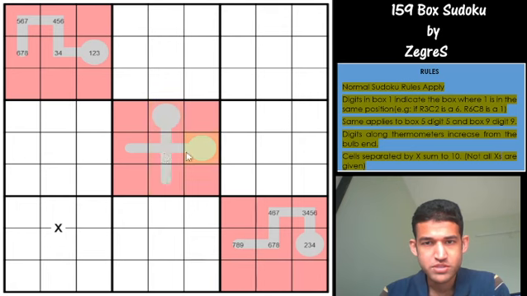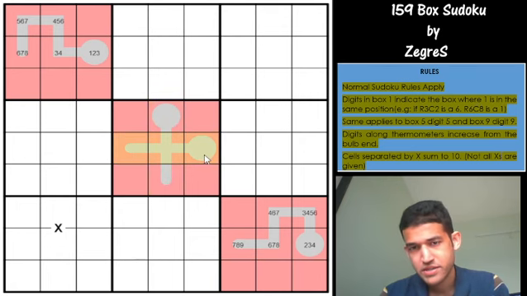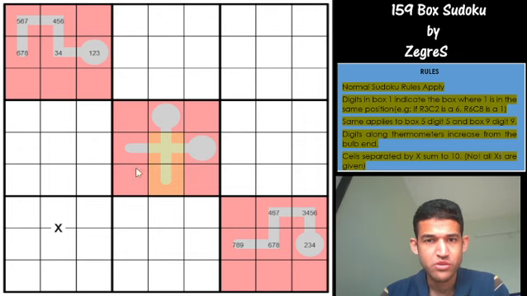Let us go to this one. This looks really tough to remove the options from here, but how do we progress otherwise? There's nothing else we can do from here.